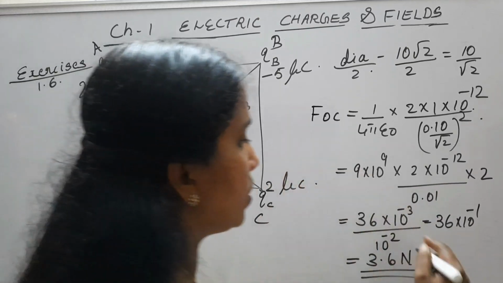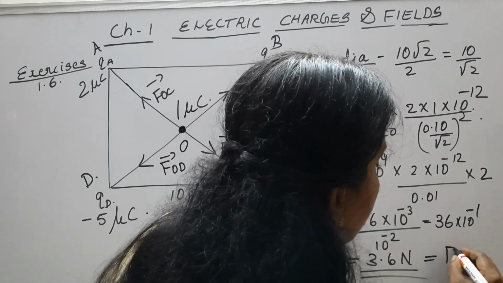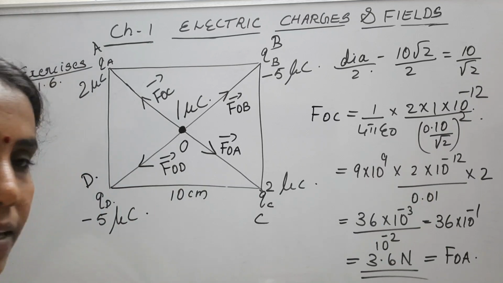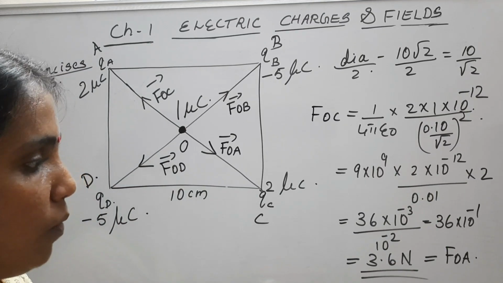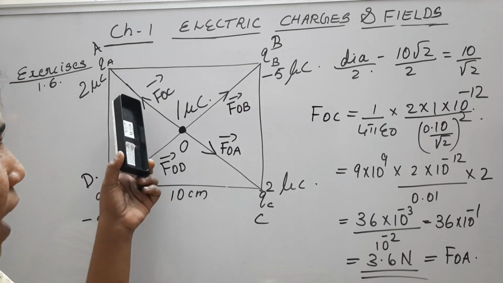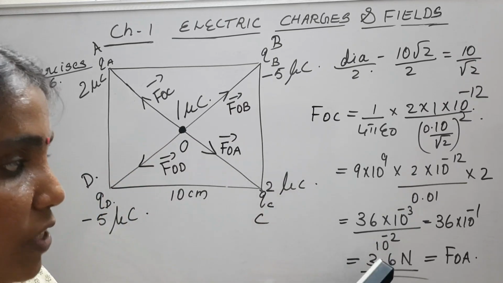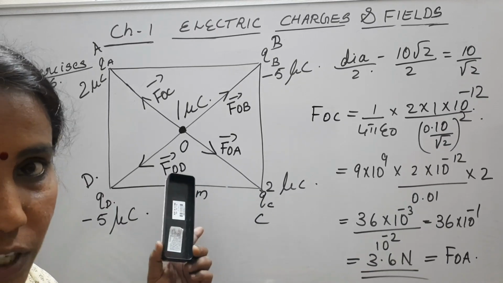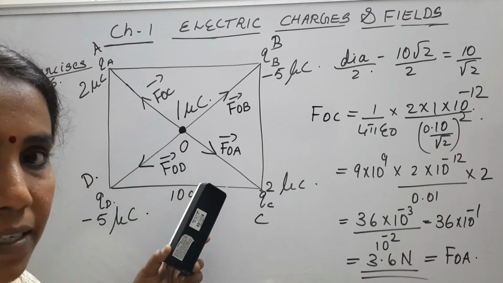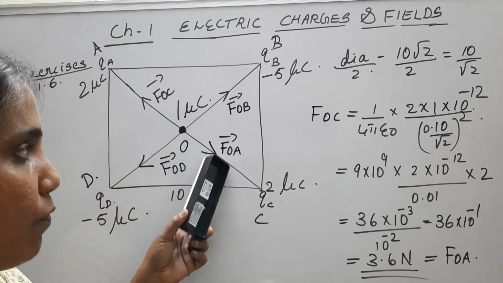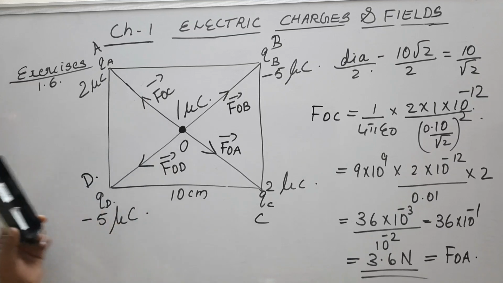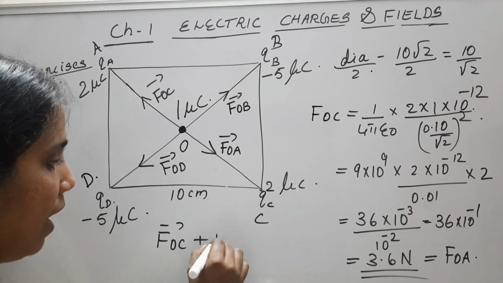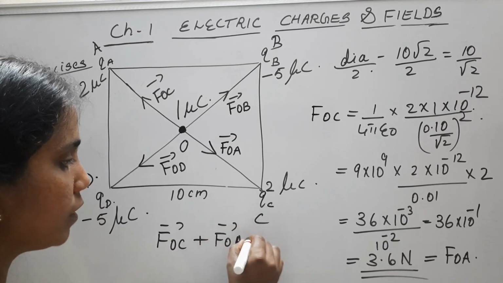That means FOC is equal to FOA. They are of the same magnitude and directed oppositely. So what about their resultant? The resultant of FOC and FOA will be equal to 0. That means the vector sum of FOC and FOA will be 0.